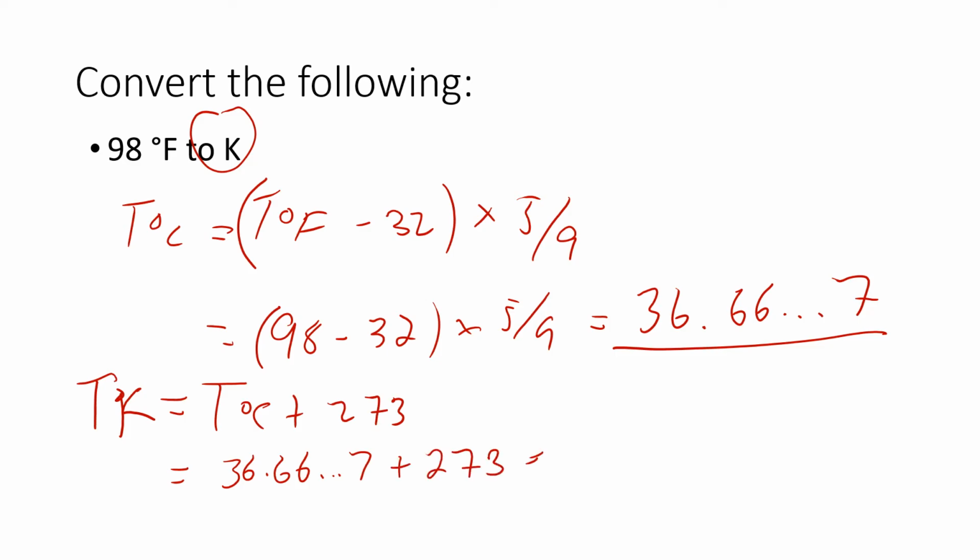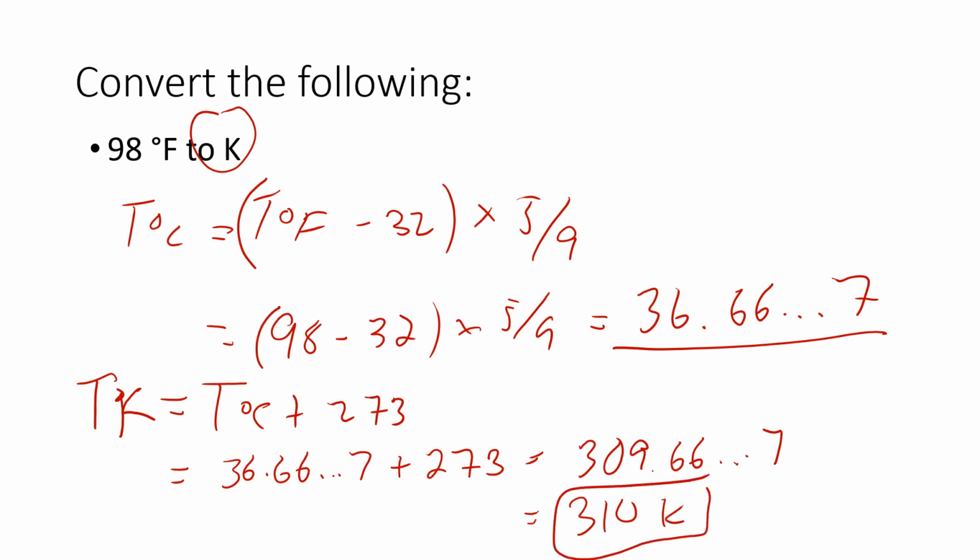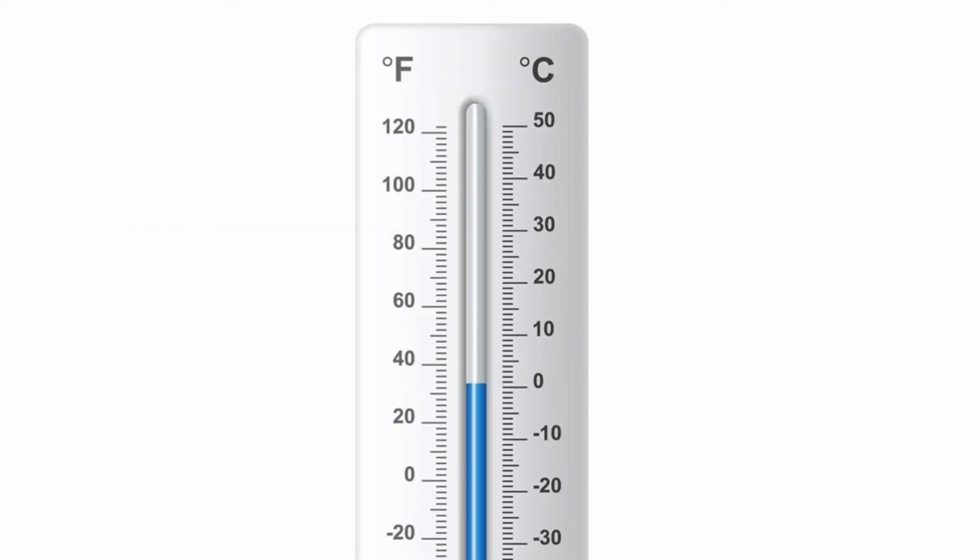When you do this, you end up with 309.66 repeating 7, and then that will just become 310 Kelvin. There's no degree symbol with Kelvin, guys, so luckily I caught myself, and don't make that mistake either, okay? Capital K is Kelvin. There's no degree symbol with it. Degree symbols are only with Celsius and Fahrenheit.